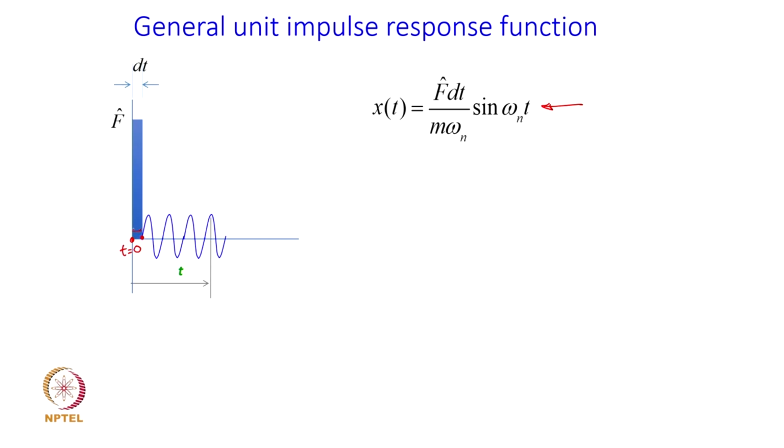This dt being too small, it does not really matter whether it starts from dt or from t equal to 0, but the response obviously is a harmonic sinusoidal waveform starting after the application of the impulse.